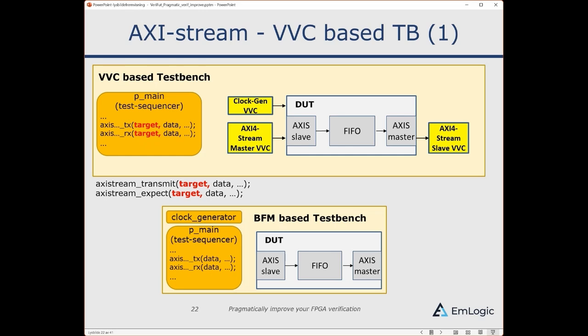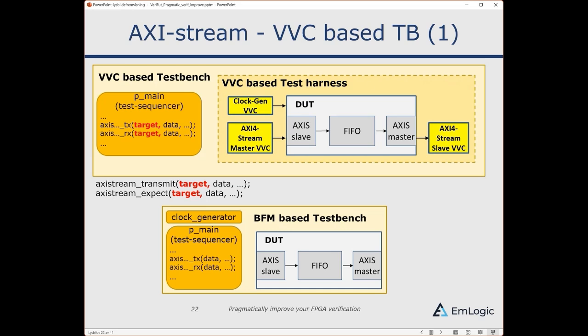And in this case, we need to add one more parameter, or parameter set actually, which is a target. Because in this case, the test sequencer is not talking directly to the device under test, and there could be multiple verification components of the same type. So there has to be an additional parameter saying which verification component should handle this command.